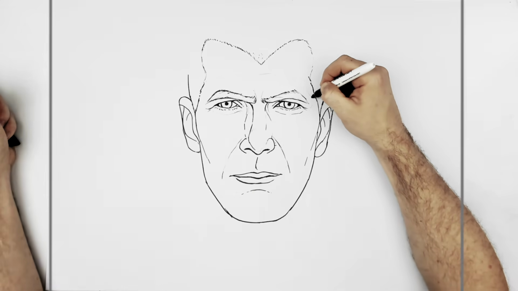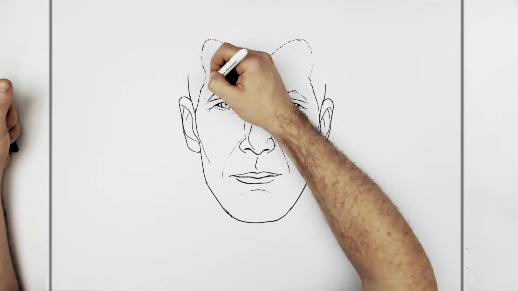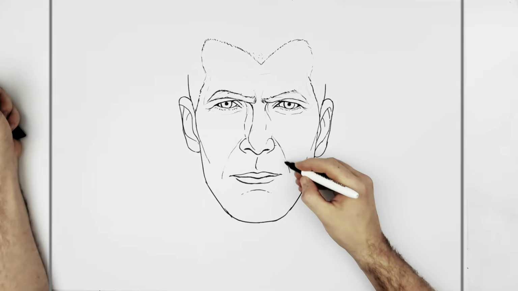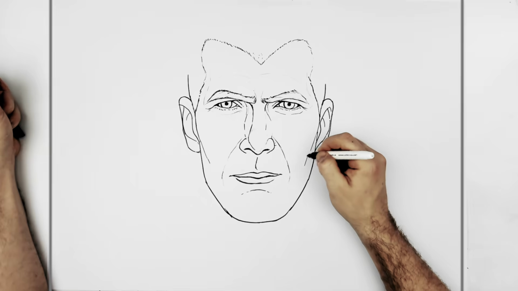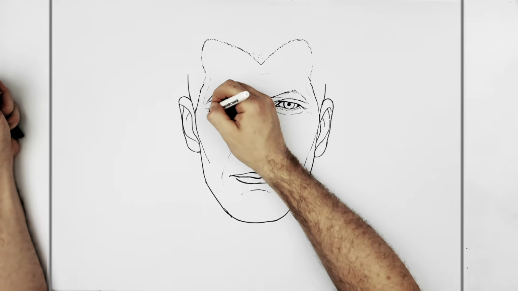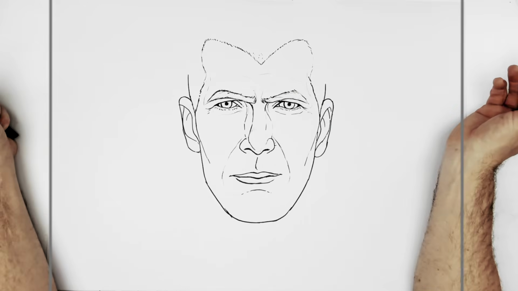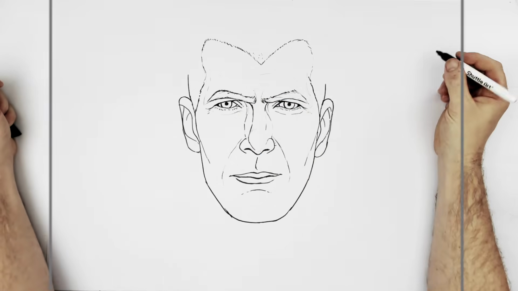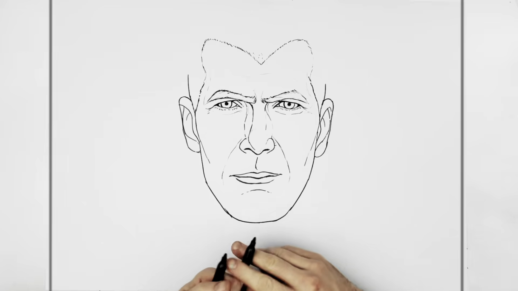Temple, like side of his head, sort of his skull shape is here. Okay, I guess we gotta just go for this head shape now.